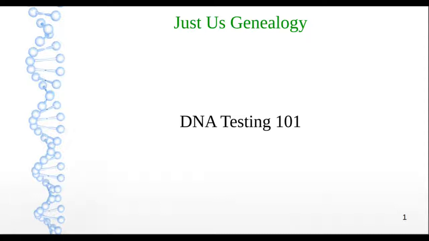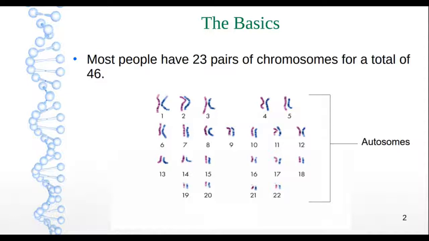So this is DNA testing 101. Now, most of us know this stuff already, but again, we don't know what information people have, so let's all just start from a level playing field. We know that most people have 23 pairs of chromosomes for a total of 46 chromosomes. And you see in the graphic here, these first 22 chromosomes are called autosomes.